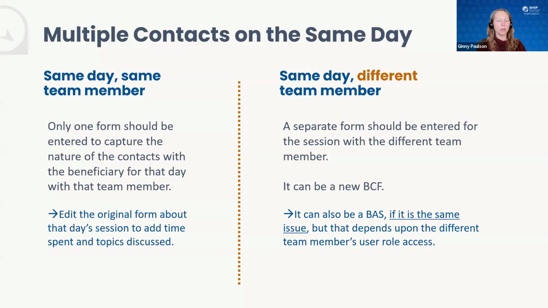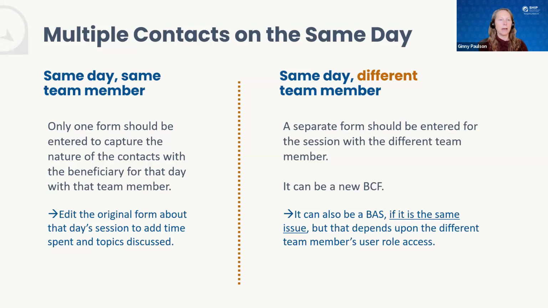So it depends on who is having that contact with that same person. If it's the same day and it's the same person having that contact with that client, you just update the form. Let's say you already put the form in STARS, not on paper. So you would update your STARS data entry with the new information from that second contact.